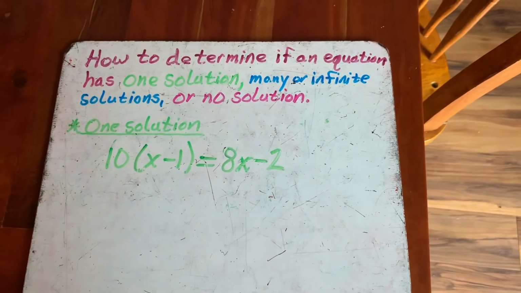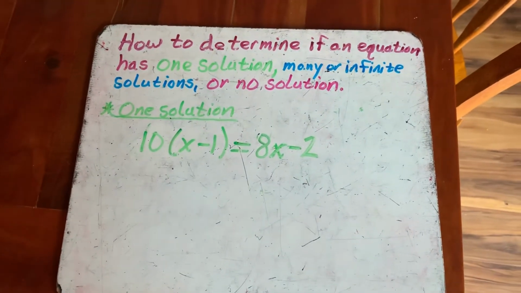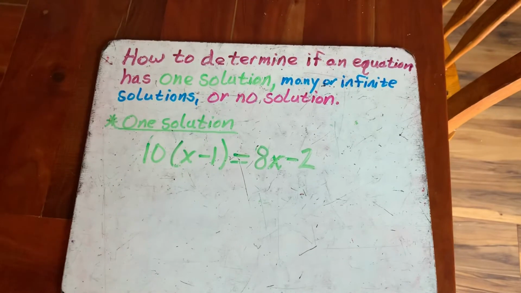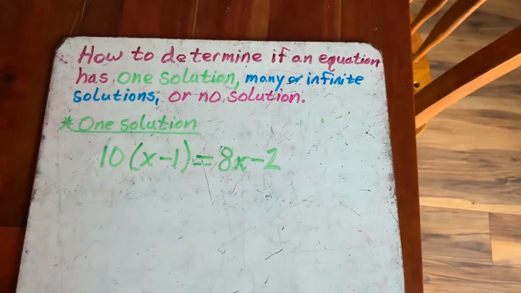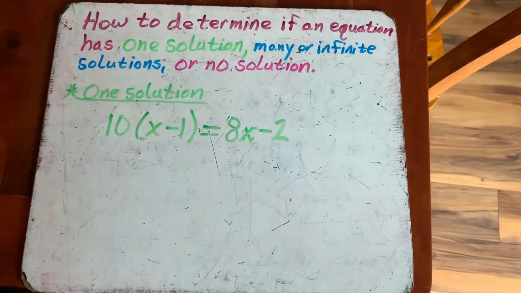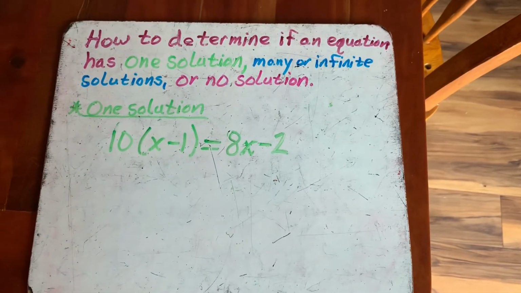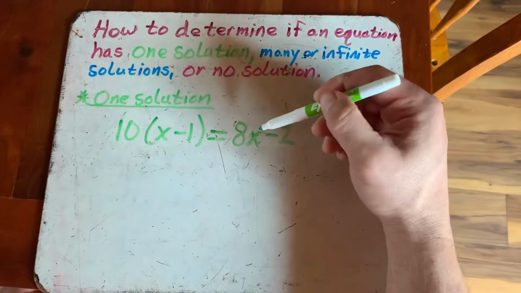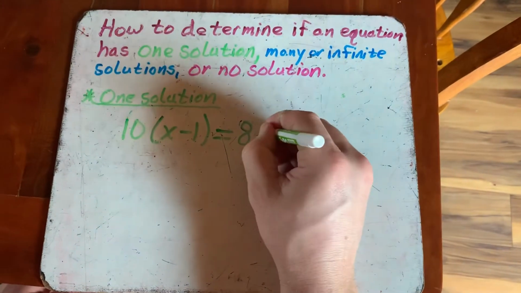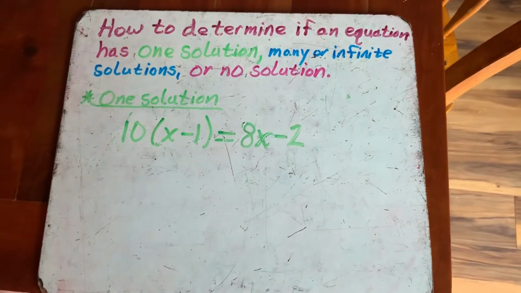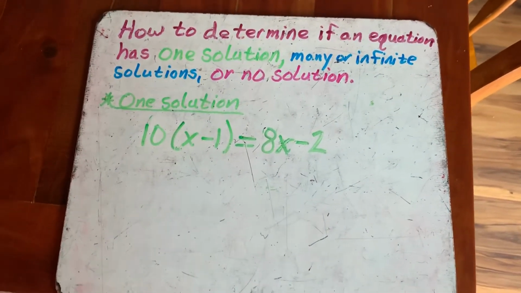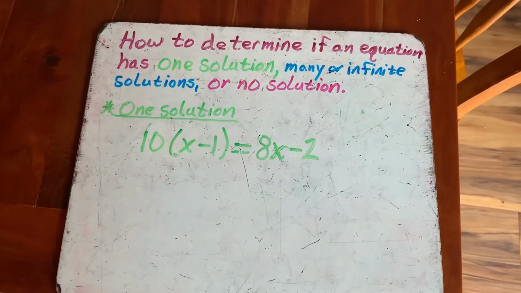So there are three types of solutions, or basically three types of equations. There are equations that, when you solve them, and this is probably most equations, you get one solution. Remember, solving for x, or whatever the variable is, means getting the variable by itself. When you get a single number like x equals 7 or x equals 13, that is the solution.